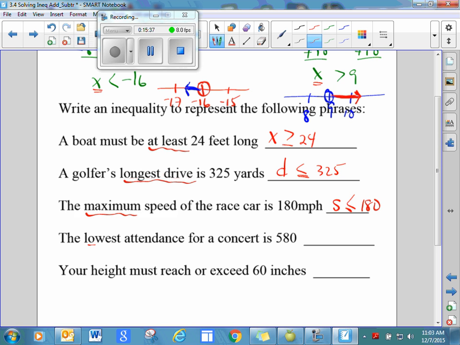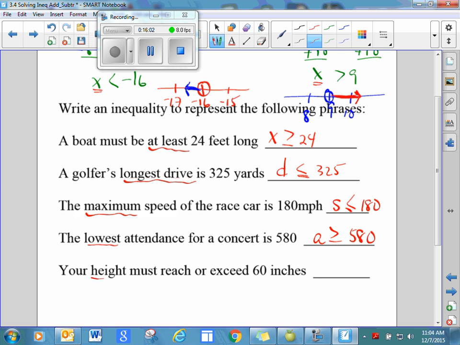The lowest attendance for a concert has been 580. So you need to ask yourself, could it have been 700 or could it have been 500? Which way is your inequality going? So the attendance has been greater than or equal to 580. It says the very smallest crowd they ever got was 580.